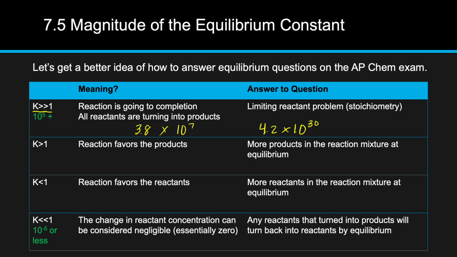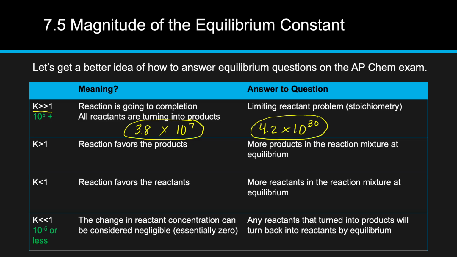Clearly, our 4.2 times 10 to the 30th is going to have way fewer reactants at the particle level than our 3.8 times 10 to the 7th. However, both of these are in that category of pretty much being all products if we're looking at the particle level at equilibrium.